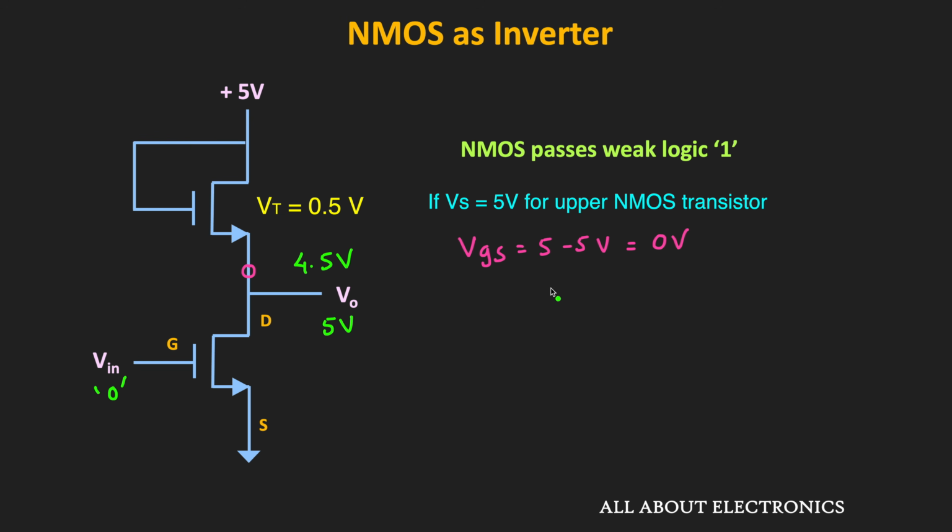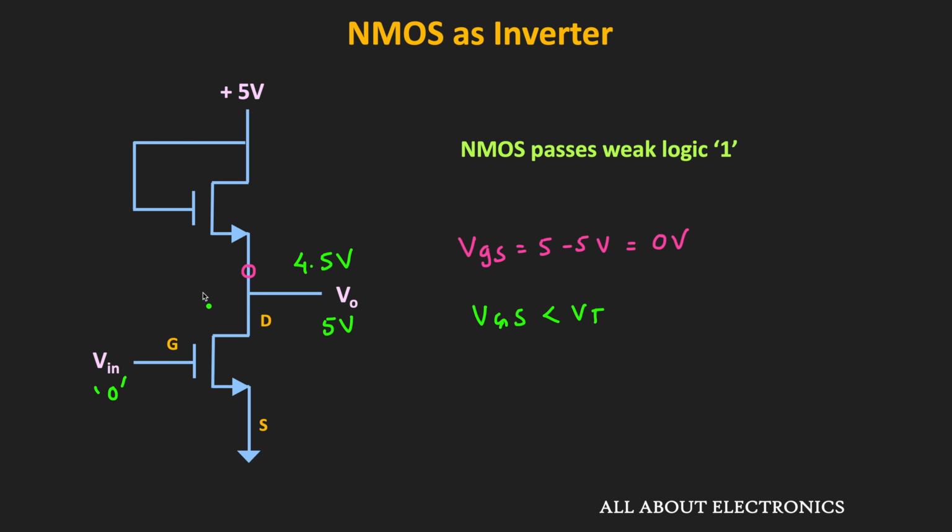So in this condition, VGS is less than the threshold voltage, and the MOSFET will not remain in the on condition. That means the voltage at the source terminal will not go beyond VDD minus VT, or in this case 4.5 volt. So we will not get the full voltage swing, or in other words, this NMOS transistor is weak to pass logic 1.